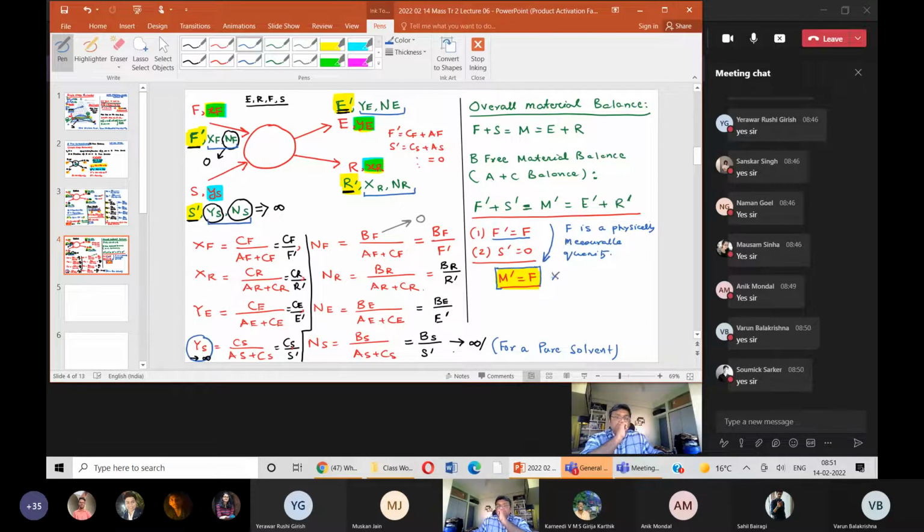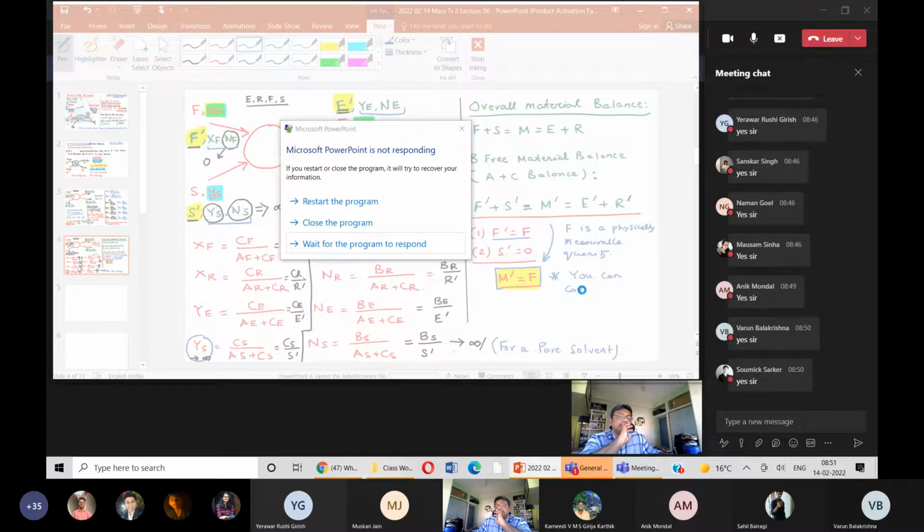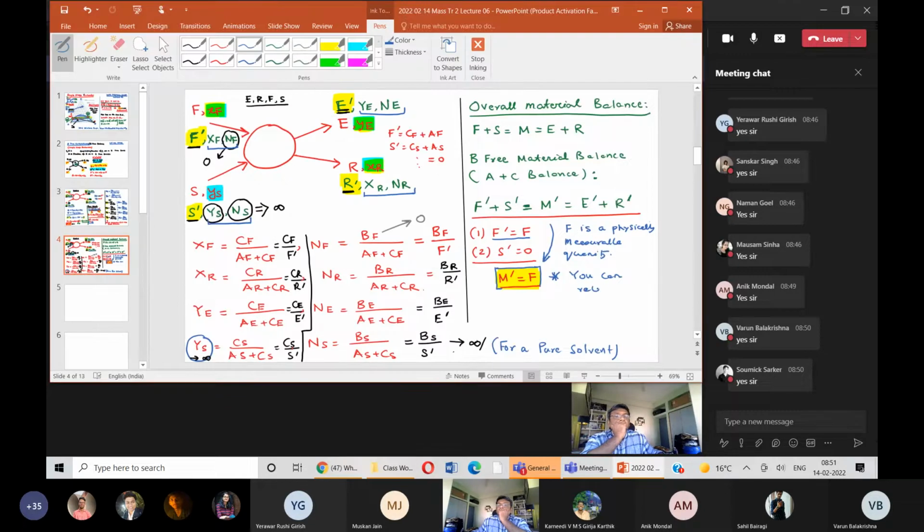So the importance of this equation is you can correlate M dash, non-measurable, to something measurable.